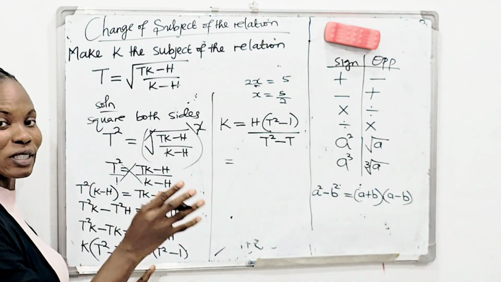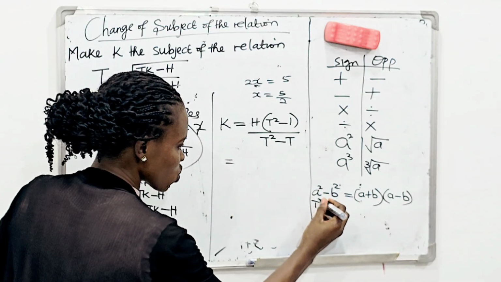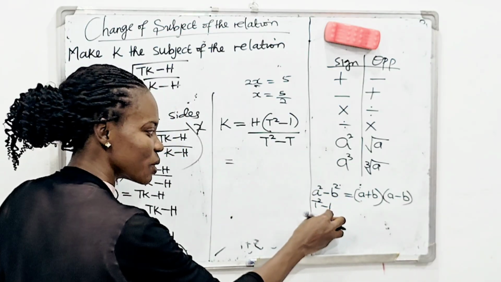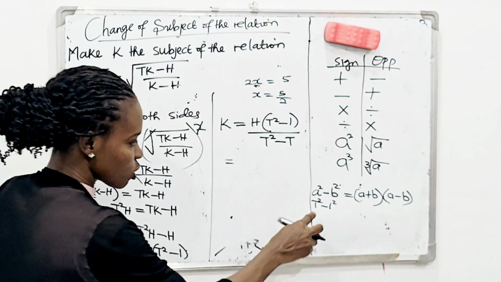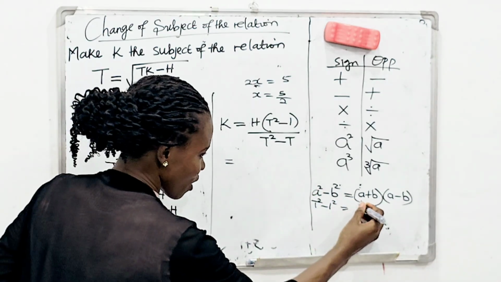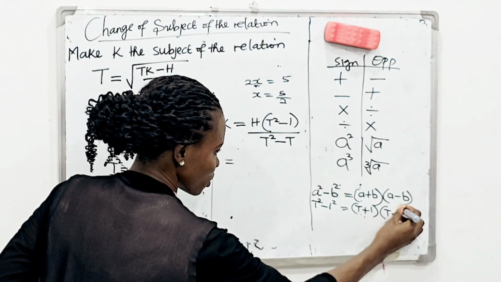So if I apply it here, I have t squared minus 1. You know, 1 can still be written as 1 squared, which is the same thing as 1. So if I apply this law here, I'm going to have (t plus 1)(t minus 1).